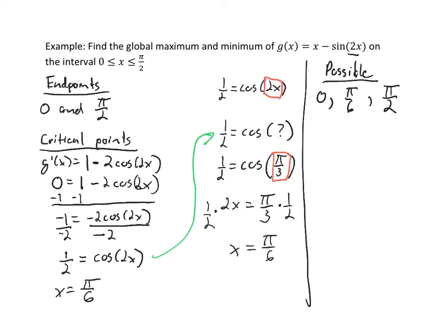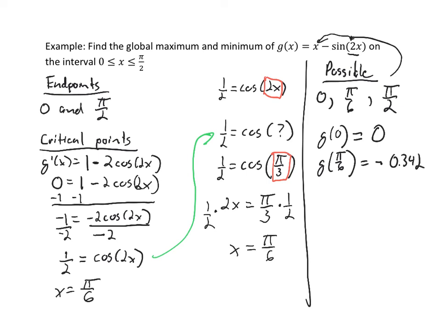Let's plug those back into the original function. g of 0 will result in 0. g of pi over 6 results in negative 0.342.